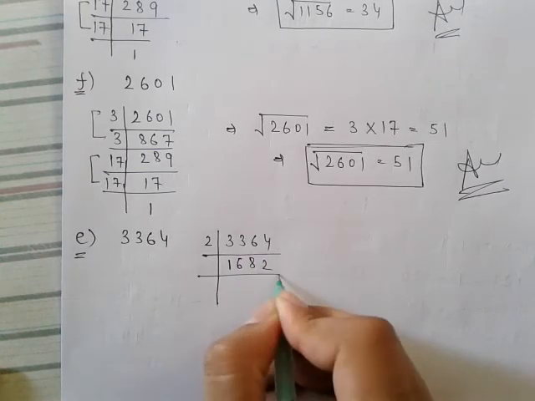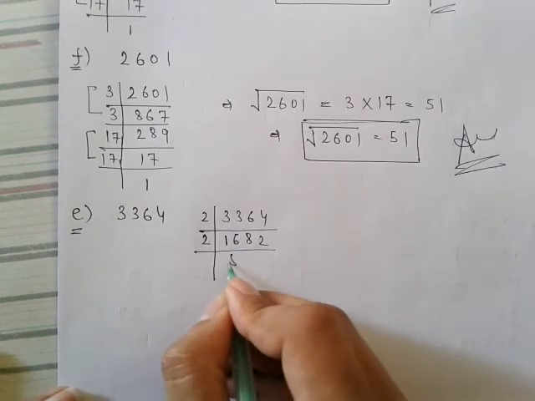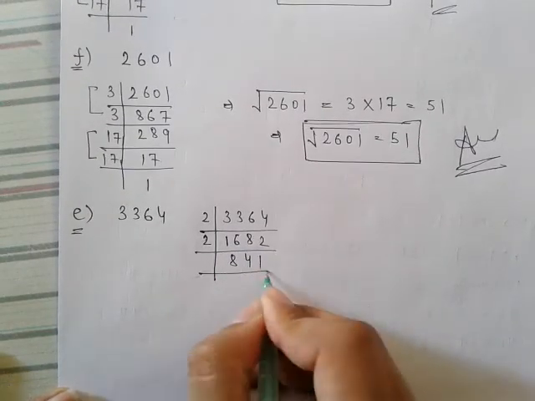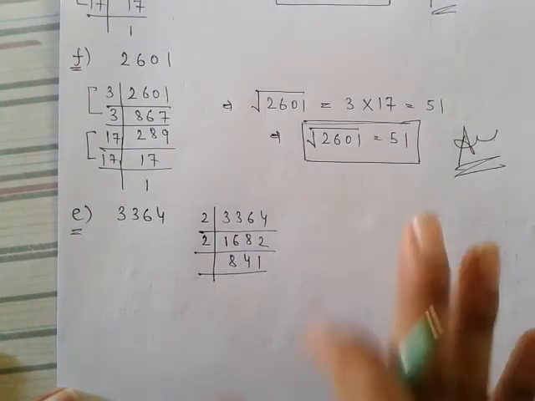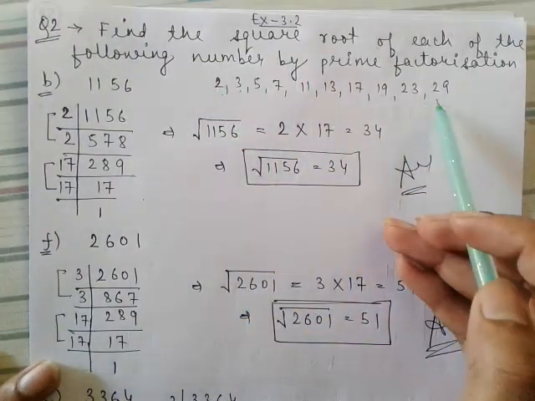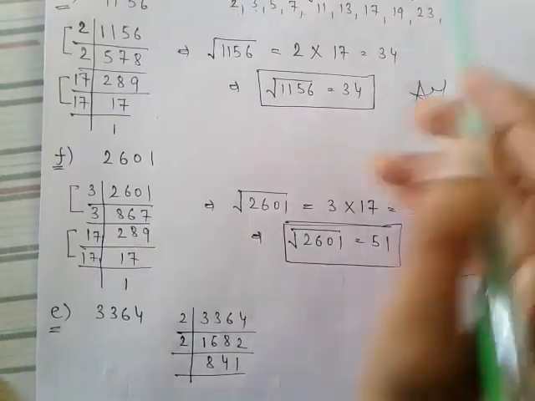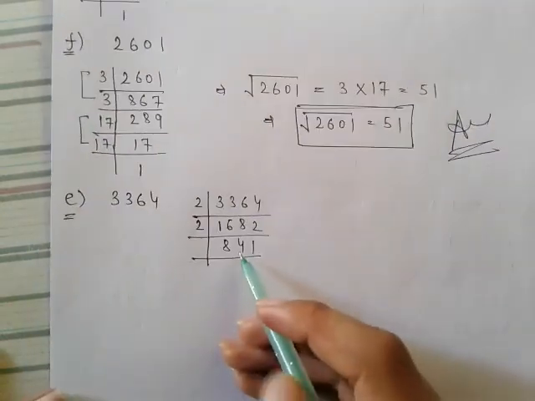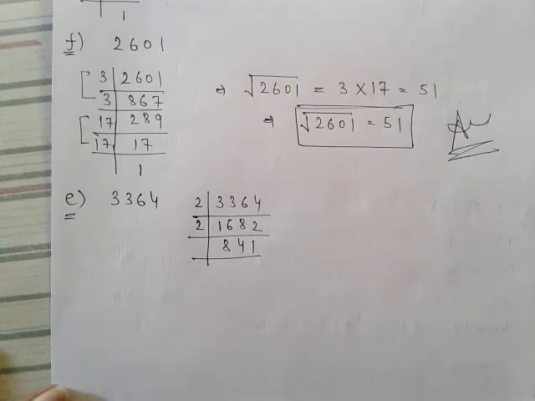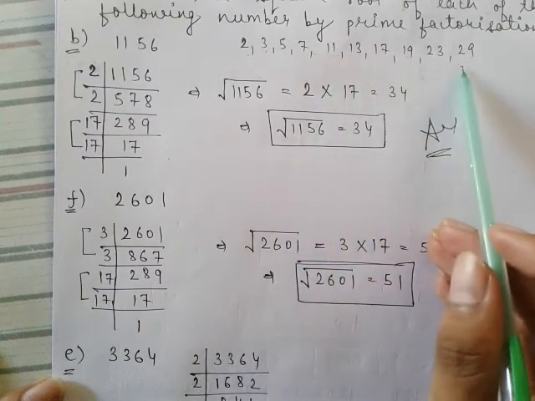And 2 again, an even number, so it can be divisible by 2: 2 4s are 8, 2 1s are 2. Now 841. Okay, which number can divide 841? 841 can only be divisible by 29.